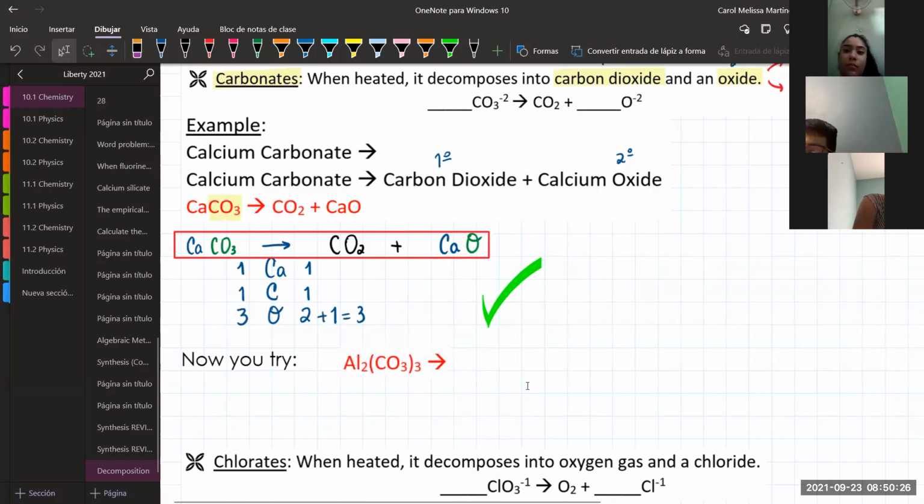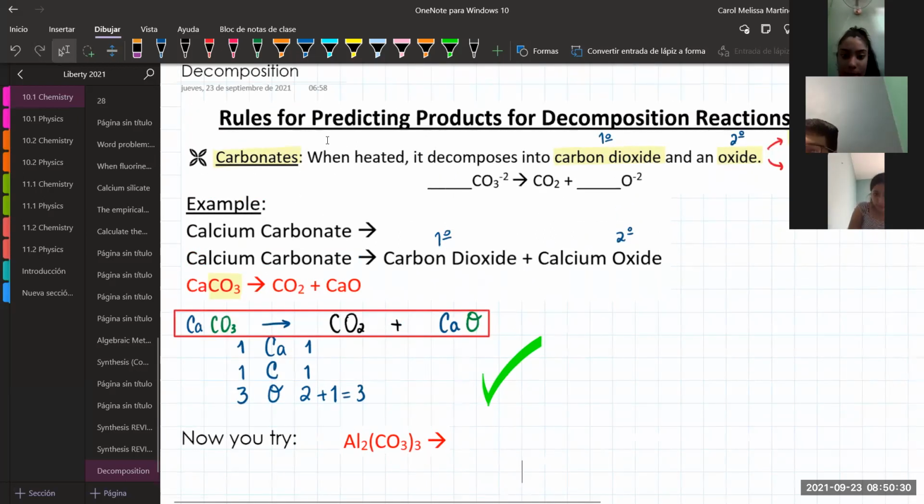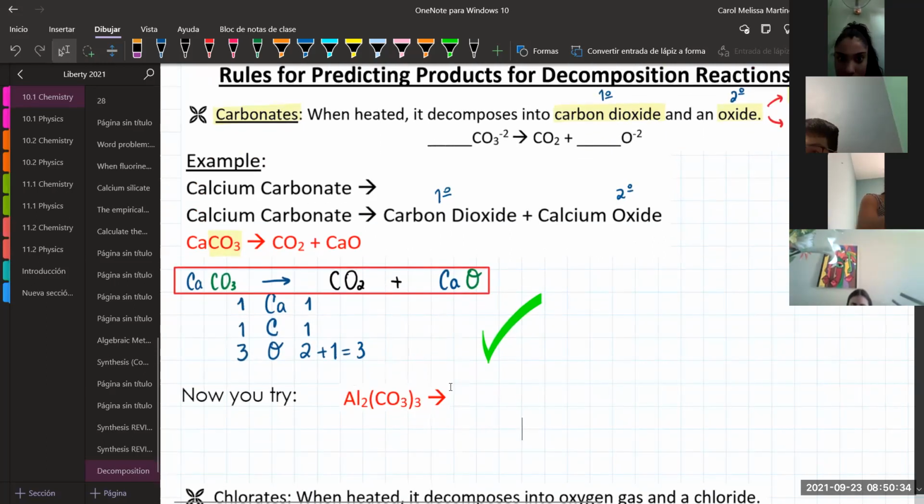Right now in your notebook, write this one and try to follow the rules for decomposition reaction, okay? Remember, what you have to do first, it's not part of the procedure, but what you do first is you separate the ions. You separate your aluminum from the ion carbonate and you write the charges that they have.